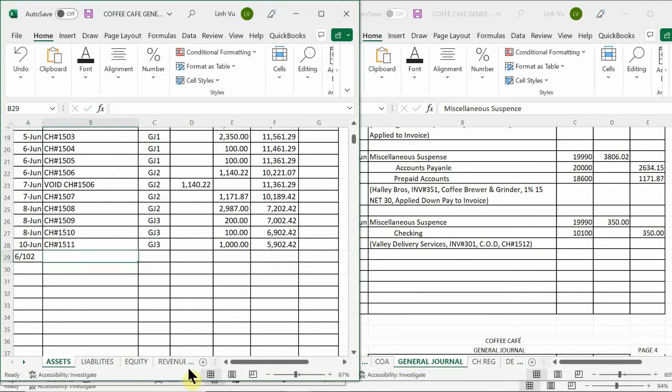Right, we wrote check number 1512. Okay, we're on page 3 for another $350. So how much should I have in my checking account now?